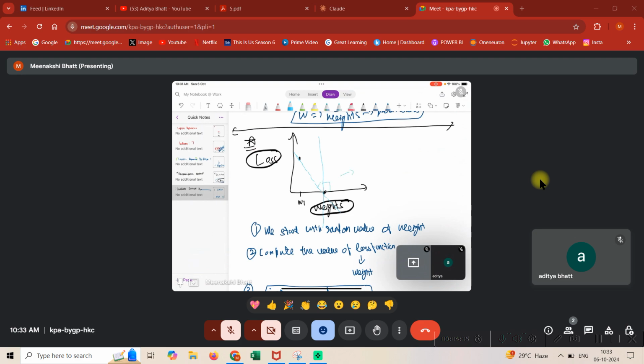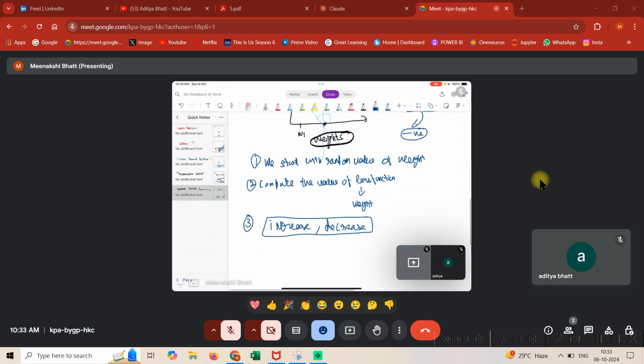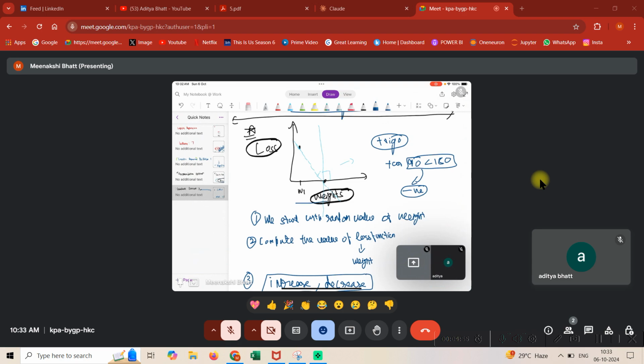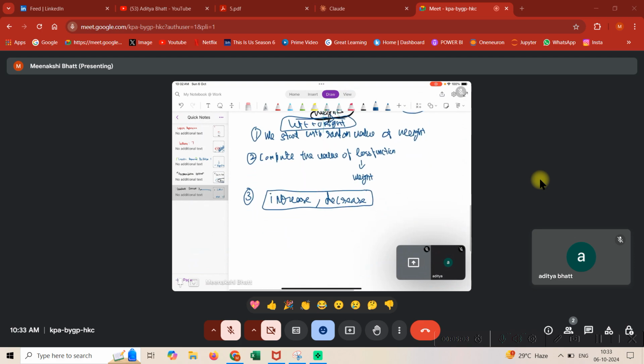If you studied trigonometry in class 10th, you would know that tan theta from 90 to 180 degrees is negative. So whenever the slope is negative, you need to move in this direction, left to right. Let me write this out.